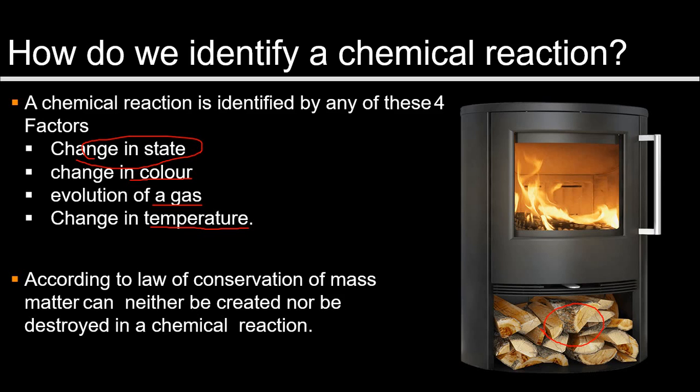The color changes: the wood is converted into black ash, and colorless carbon dioxide comes out. There is evolution of gases, as carbon dioxide and water vapor are liberated. And there is a change in temperature, because burning liberates a huge amount of heat. So these explain how a chemical reaction takes place.